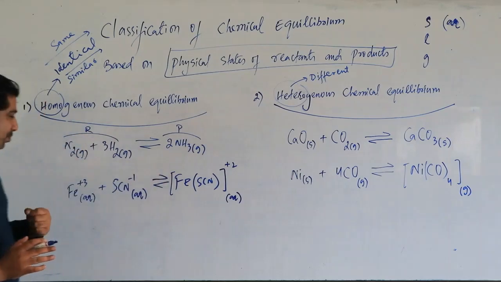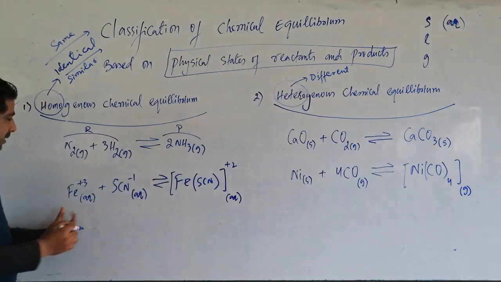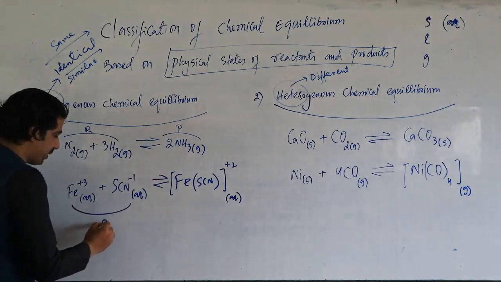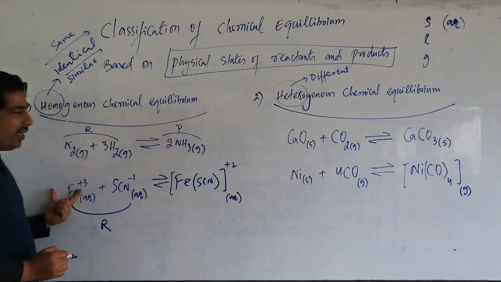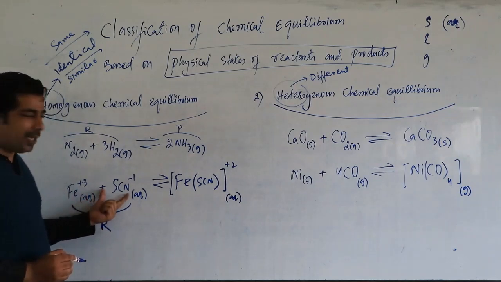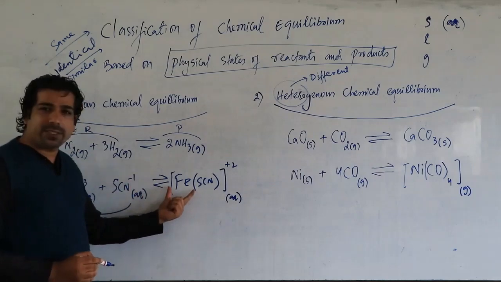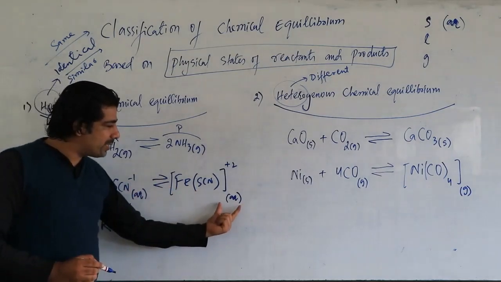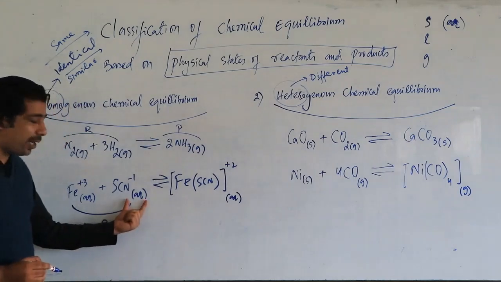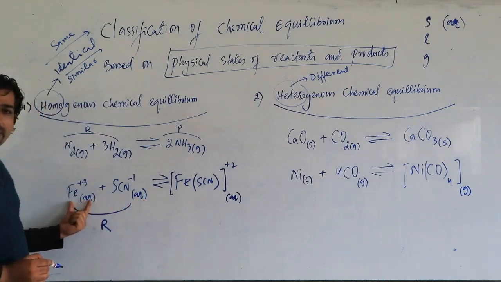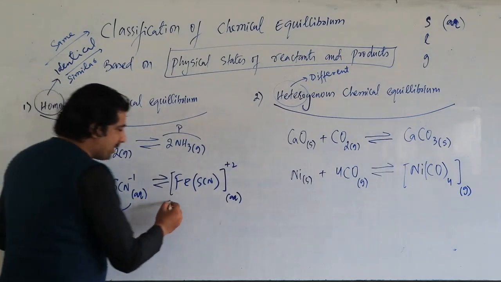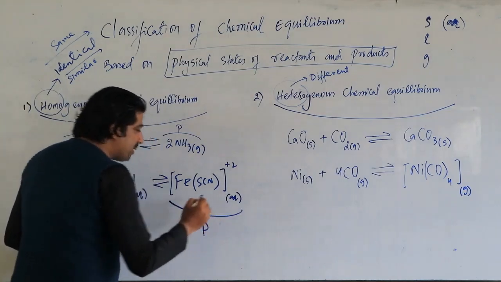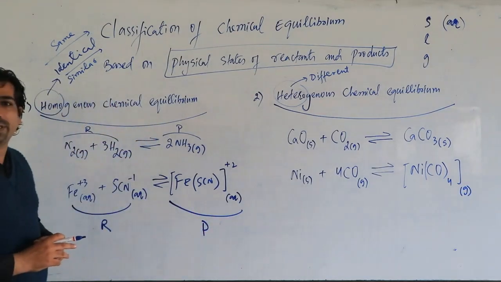Now look here. These two are your reactants, like Fe and thiocyanate. Now they give us a product. This product is in aqueous state, and the reactants are in aqueous state. So your reactants are in aqueous state and your product is also in aqueous state, my dear friends.